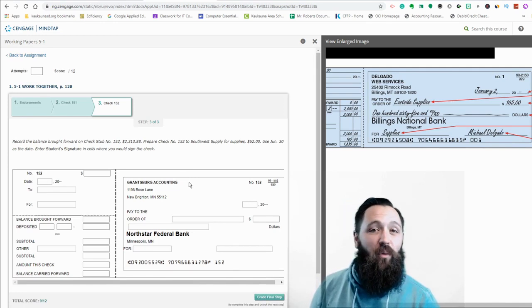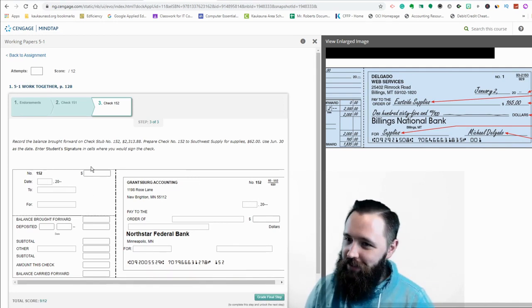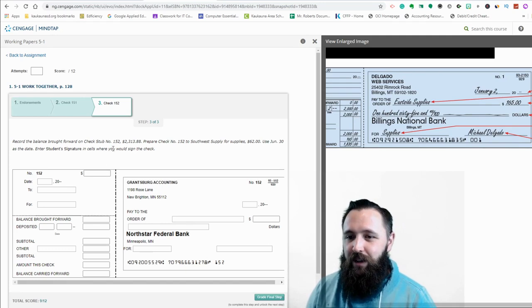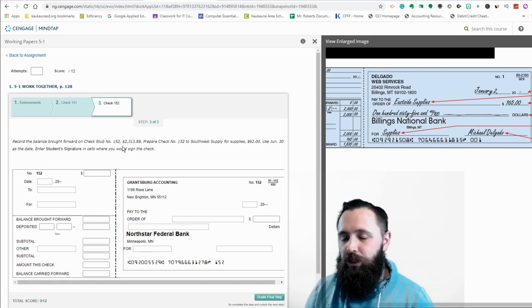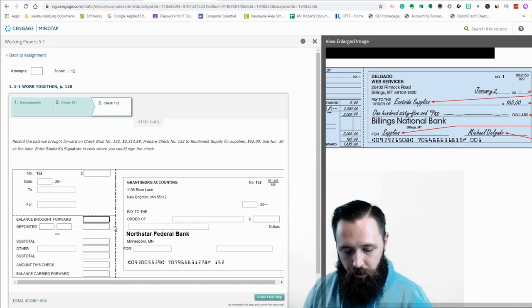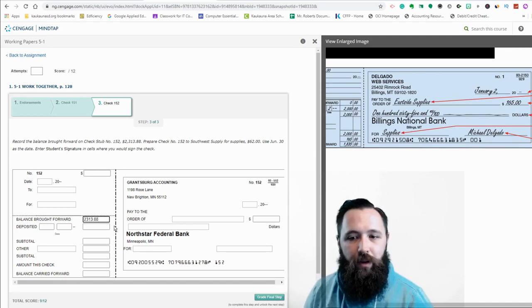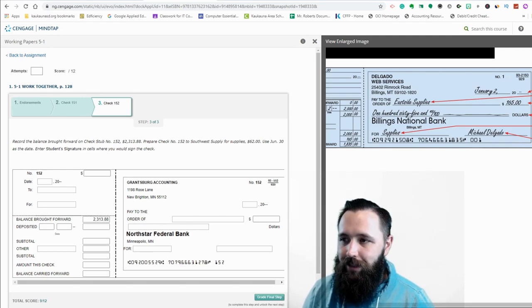We have check number 152. We're doing the same thing, okay? Bring the balance forward for check number 152. So if you remember, this is the amount that we had at the very end. Prepare check number 152 for $62. Use June 30th as the date. Okay.